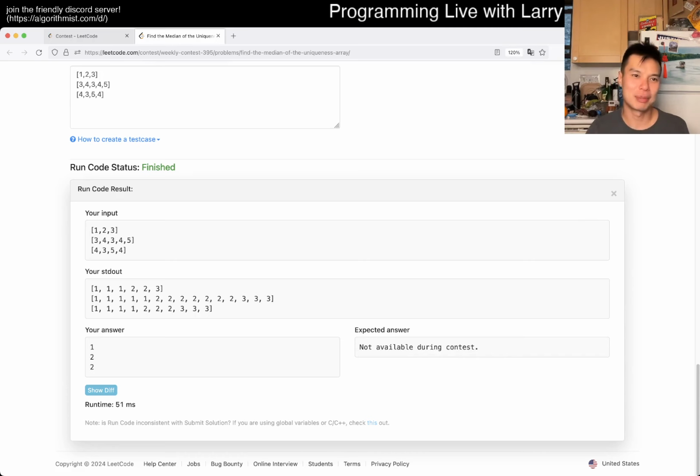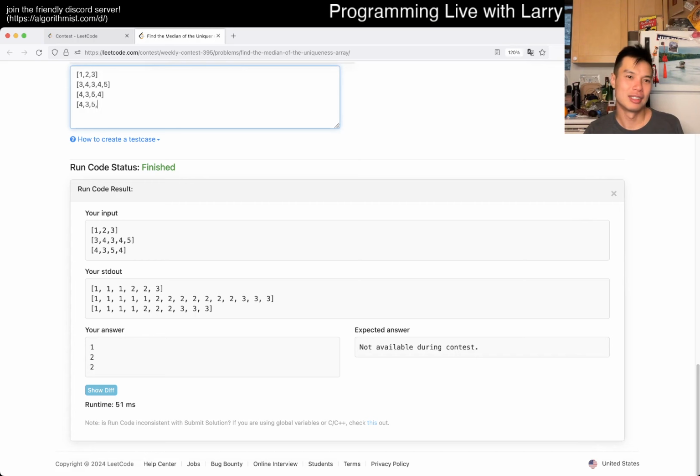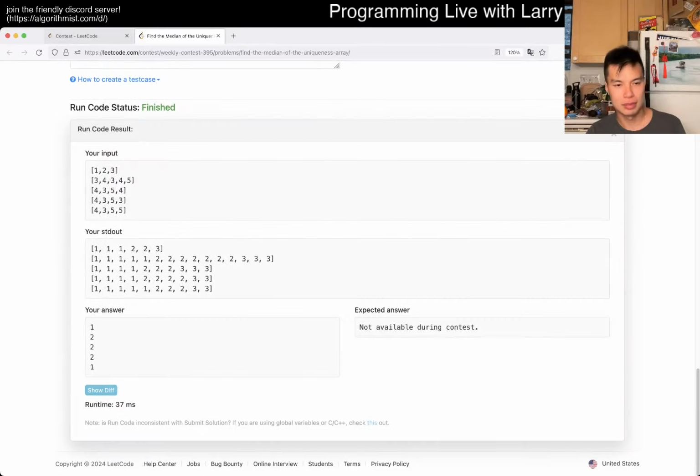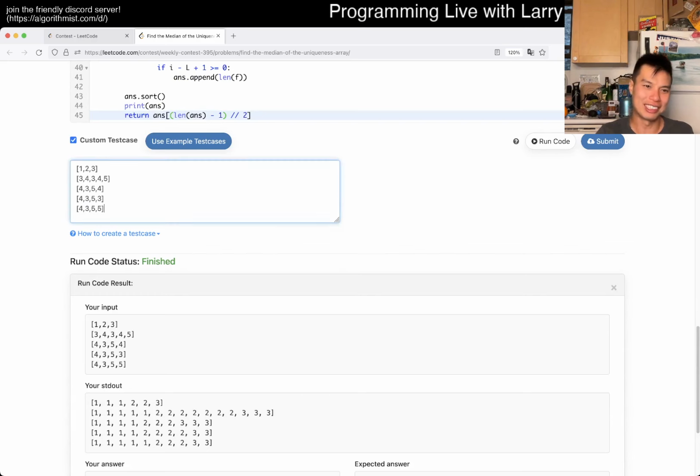Alright, let's play around with some stuff. I do know that if there's only one repeated number, then the structure is kind of interesting, but I don't know. I feel like I just don't know anything.